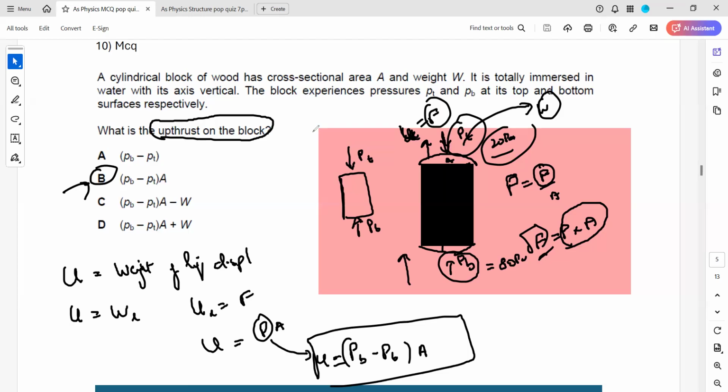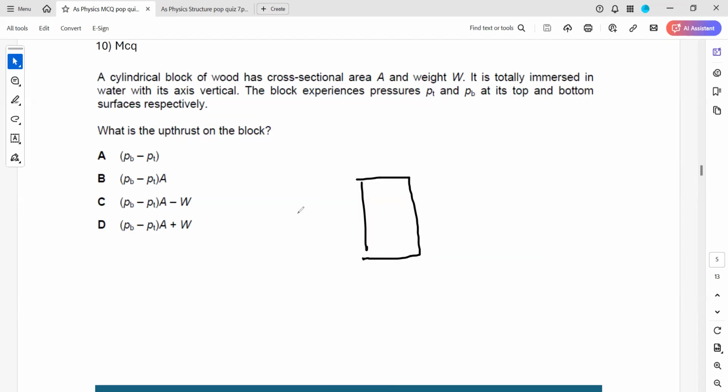Why is the bottom pressure first? Because when we talk about upthrust, upthrust is always the force acting upward. So if I know the pressure from the bottom and the pressure from the top, and I take the difference top minus bottom, I will get the downthrust, the downward force. But I want an upward force.